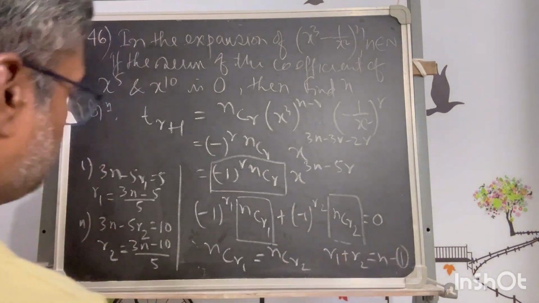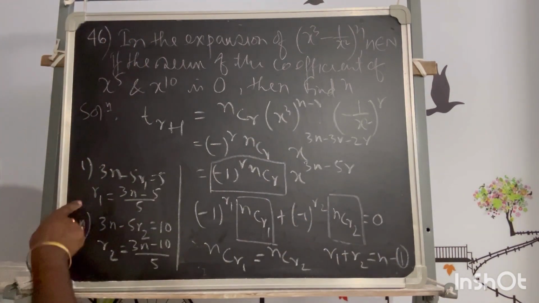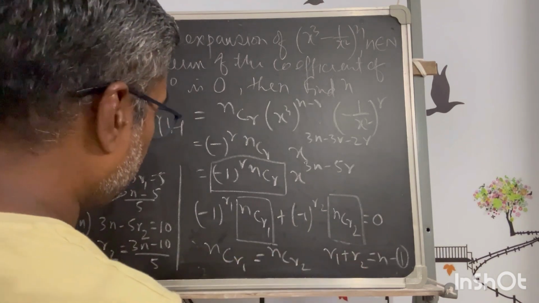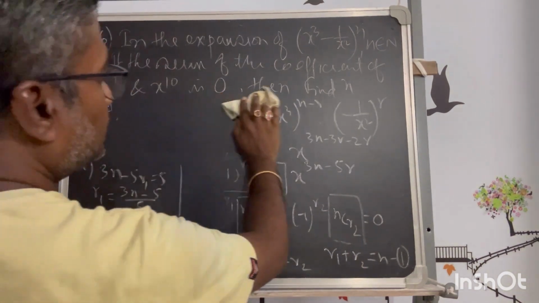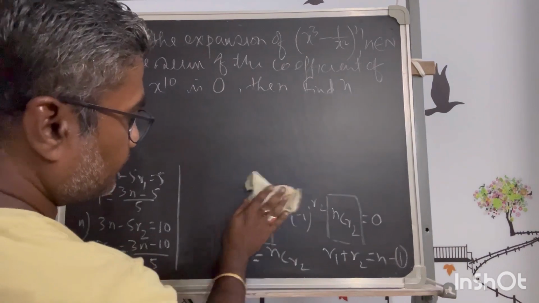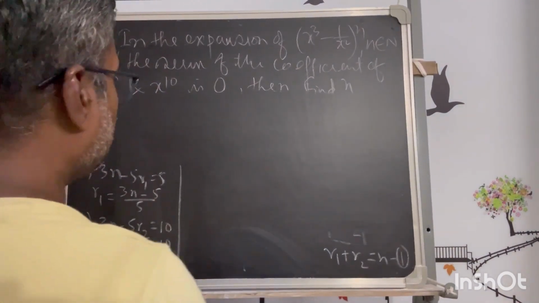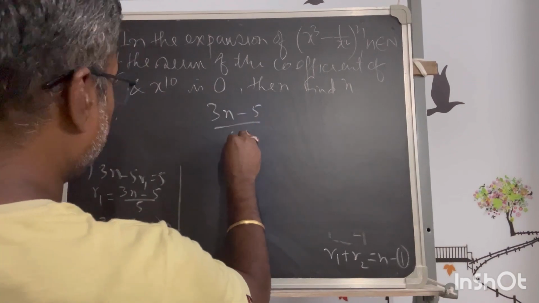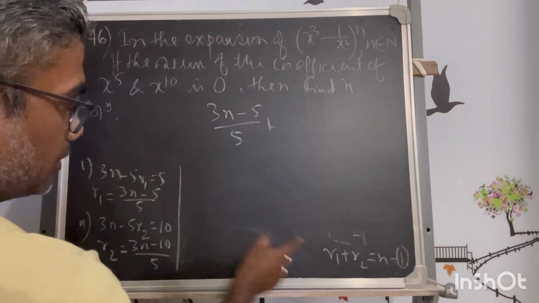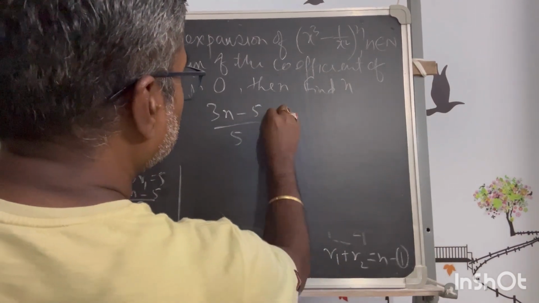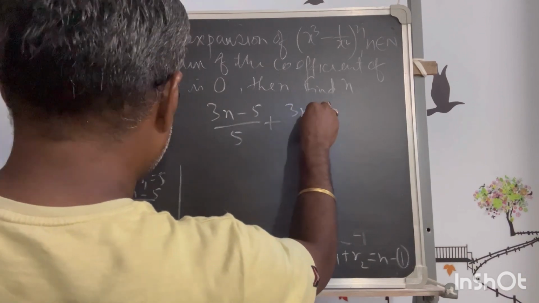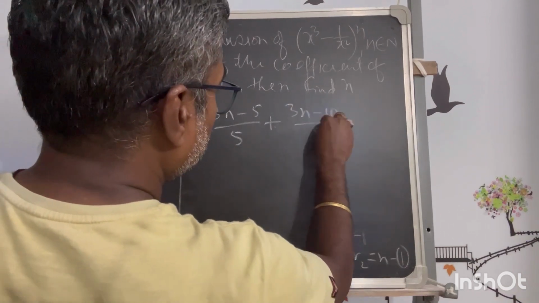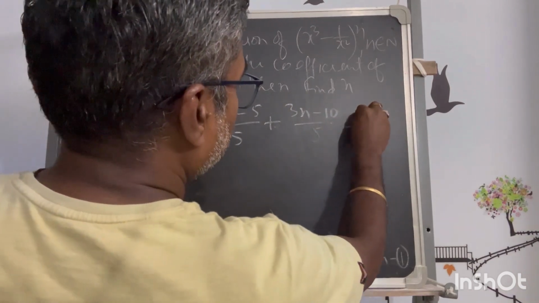So now, if it is so, there is r1 and this is r2. If I put it here, let us see whether we will get something or not. So now ultimately (3n minus 5)/5 is r1, and r2 is (3n minus 10)/5, and r1 plus r2 is equal to n.